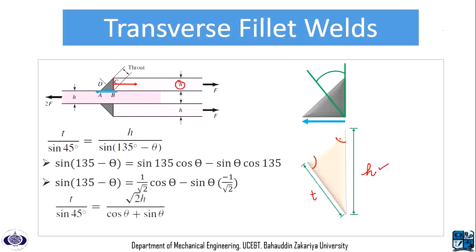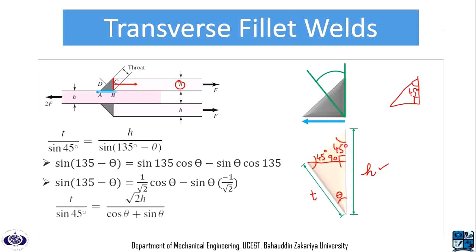Now it is very easy to find this angle, because we know that a fillet weld makes a right angle triangle, so this angle should be equal to 45 degrees, and this angle is angle theta. If we draw a straight line here, then we know that we are going to have a 90 degree here, and a 45 degrees here.